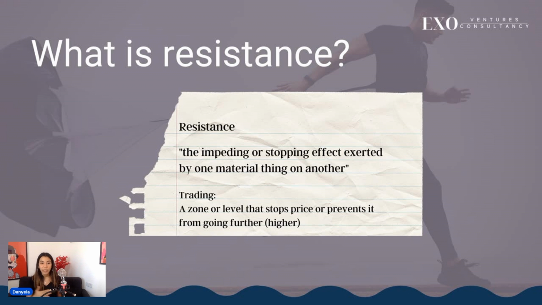And usually when price is going, it is going up, so this zone stops price from going any higher. Again, in the background of the presentation, it's basically a man running and there's a parachute behind him. This parachute is acting as resistance because it's stopping him from moving forward. So now you have an idea of what support is and what resistance is.